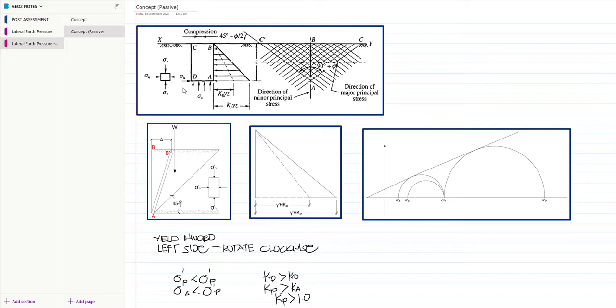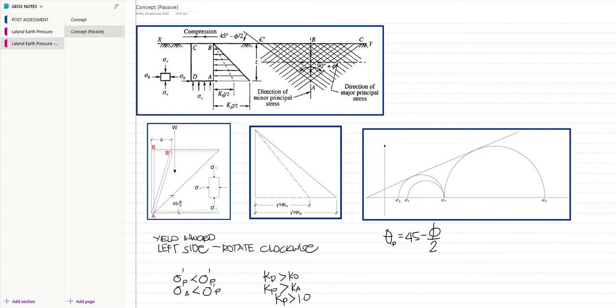Dito nababawasan yung angle of failure plane natin kasi papasok siya nagpe-fail. So ibig sabihin, our angle of failure plane corresponds to a value theta which is equal to 45 minus phi over 2. Ito yung failure plane or yung angle of failure plane under the passive condition.